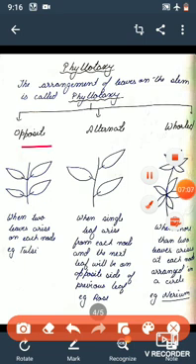What is opposite phalotaxy? As I said, that leaves arise from the node. A stem has node and internode. So leaves arise from the node of a stem. If two leaves arise from the node of the stem is the opposite. Here you can see that two leaves are arising, okay, from the same node. That type of phalotaxy is opposite phalotaxy.